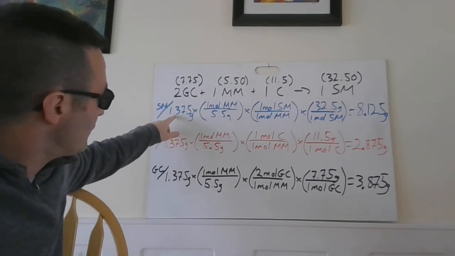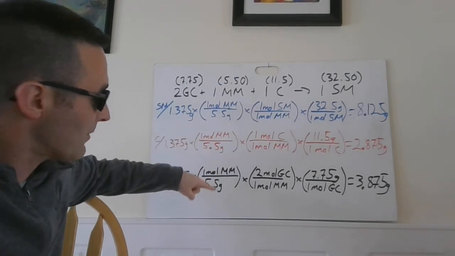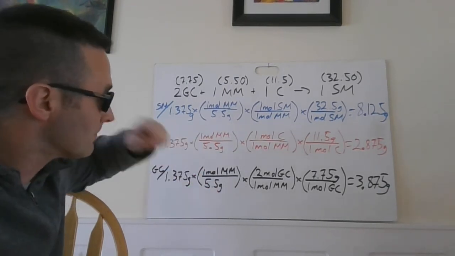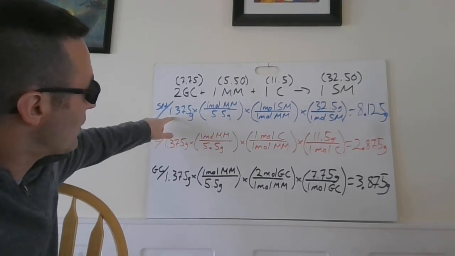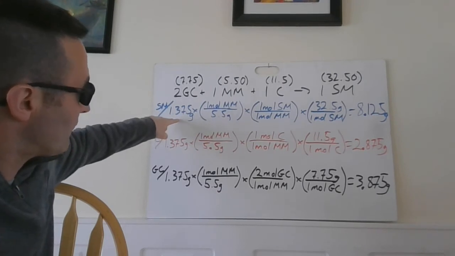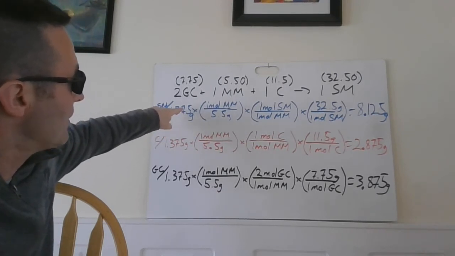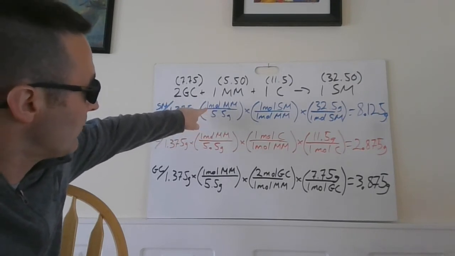If you do the 1.375 and divide it by the 5.5 at this step, you're at 0.25. So in the first one, I'm saying I want to make s'mores. So how much s'more can I make based off of my 1.375 grams? Well, I've converted my grams of marshmallow into moles here.